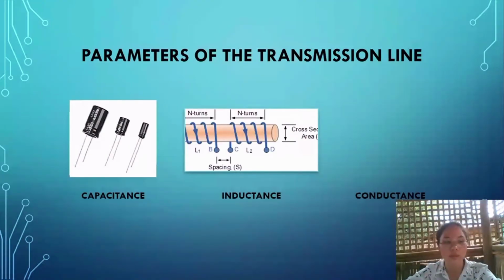As the magnetic field varies, electromotive force gets generated in the line. This EMF flows in the opposite direction to the current flowing through the device, which is known as the inductance.